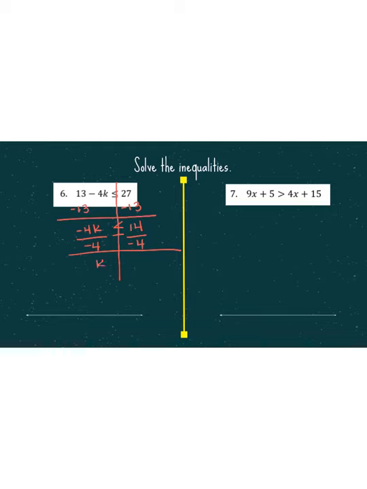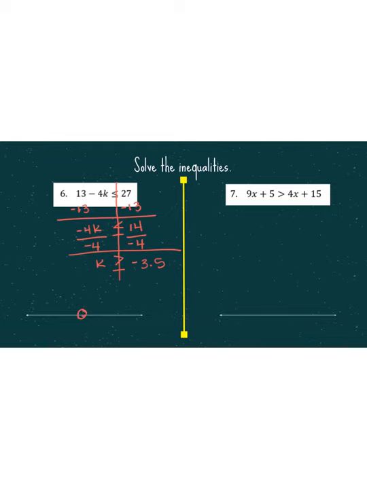So I know this k is left over here, and it was less than or equal to. I'm going to change it to greater than or equal to. So 14 divided by negative 4 is going to give me a negative 3.5. And if I read left to right, k is greater than or equal to negative 3.5.